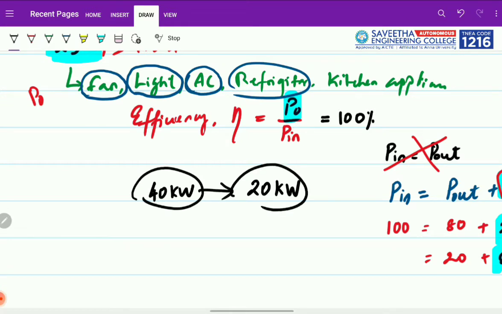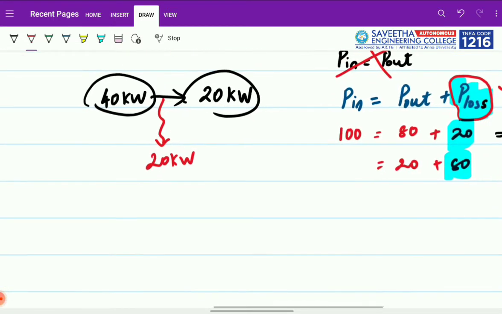So in order to feed 20 kilowatts of power, I am forced to generate 40 kilowatts of power. It means almost 20 kilowatts of power is lost by losses, right? Only 50% is converted, the other 50% is lost, which is not an efficient system.